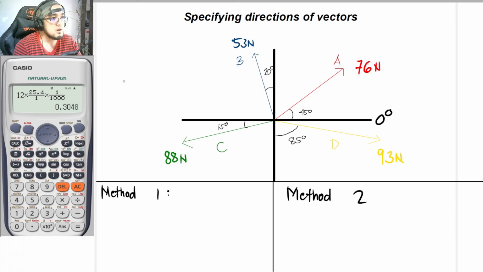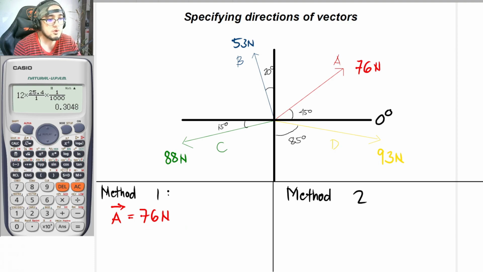For our vector A, this is now to be A. Then for me to emphasize that this is a vector, I would be writing an arrow here. So A arrow signifies that this is a vector, equal sign. Write the magnitude first. The magnitude of this line is 76 newtons. If you write it this way, this is just a scalar quantity.